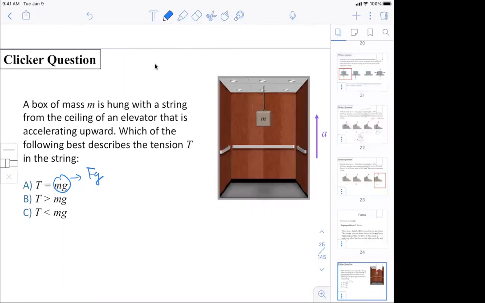As people come back, please put in your vote for this question. Another 10 seconds.